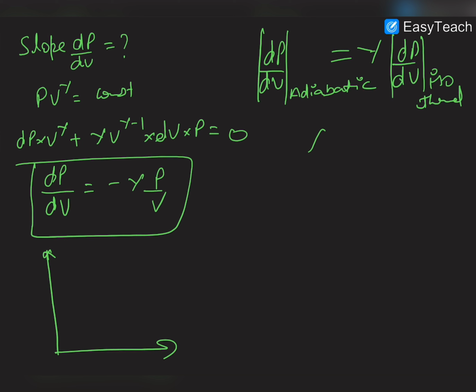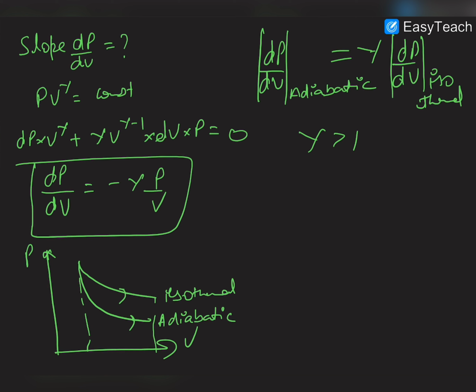Okay, and gamma is obviously greater than 1. So if we draw the two graphs for the same initial and final volume, then we will see that the graph which has more slope will be below the first graph. So this curve would be adiabatic process, and this is isothermal process.